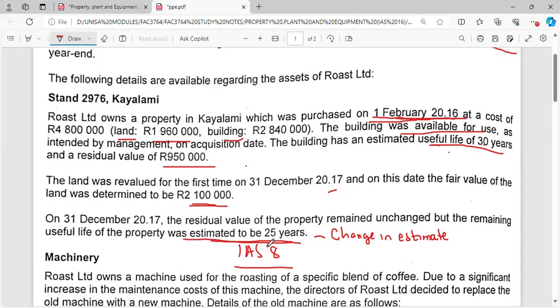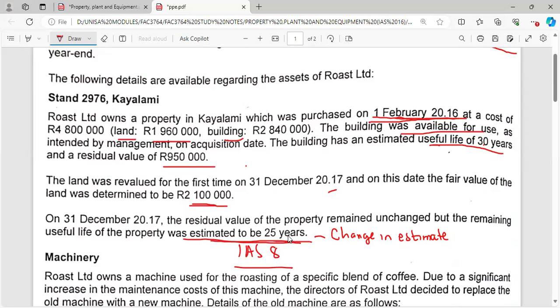We have got an idea. What do we do there? There was a change in the useful life. I think we need to add 1 year to the 25 years, which becomes 26.